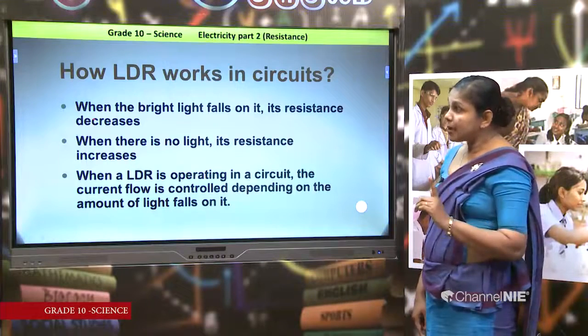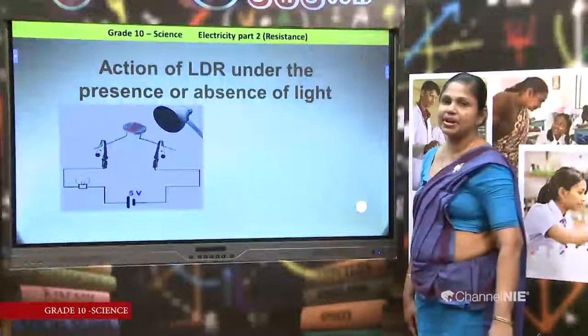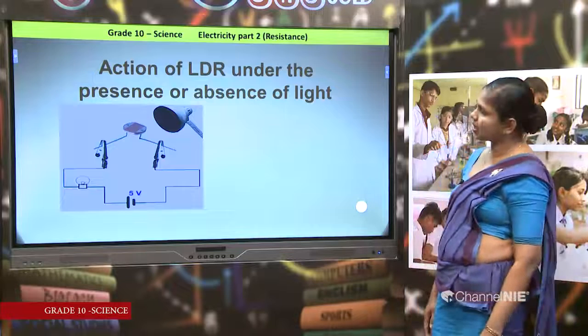When bright light falls on it, its resistance decreases. When there is no light, when it is dark, its resistance increases. When an LDR is operating in a circuit, the current flow is controlled depending on the amount of light that falls on it. This is how an LDR is operated in a circuit, children.